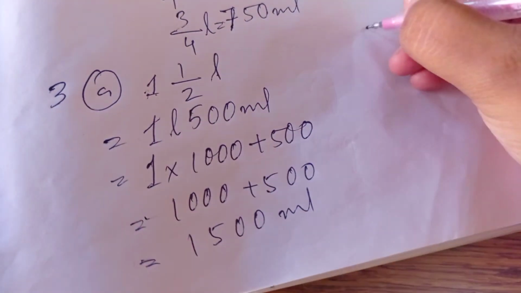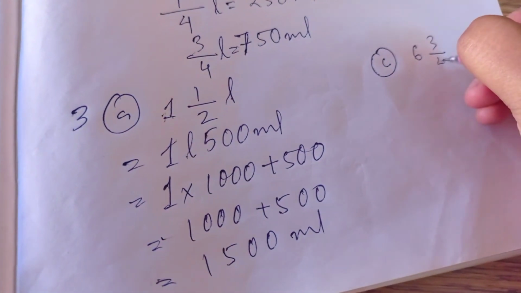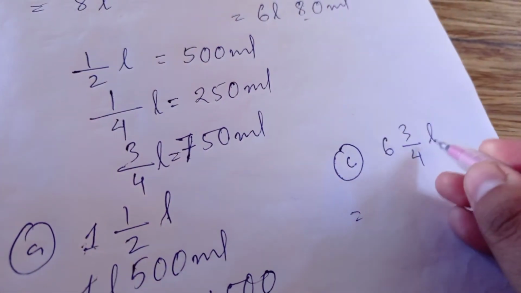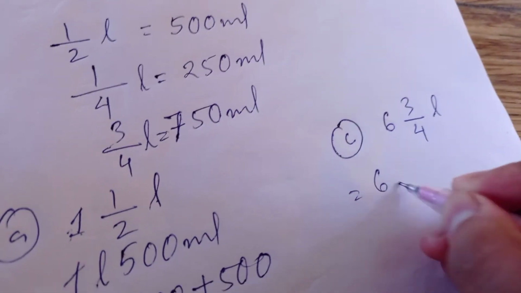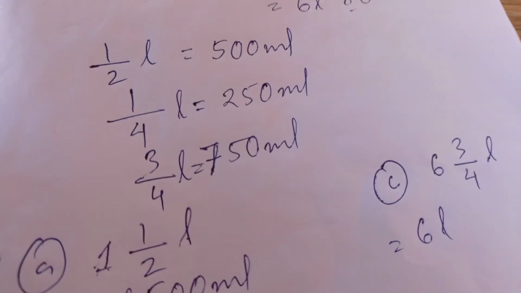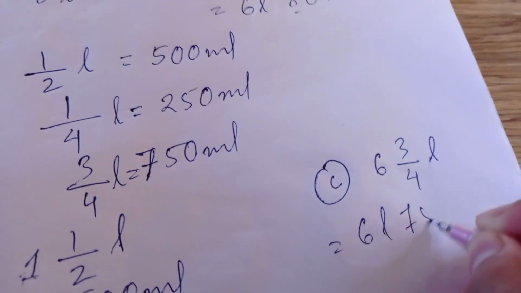Next is C, let me do 6 3 by 4 liter. 6 is the whole part, so that is in liter. So 3 by 4 liter is how many ml? 3 by 4 liter is 750 ml.